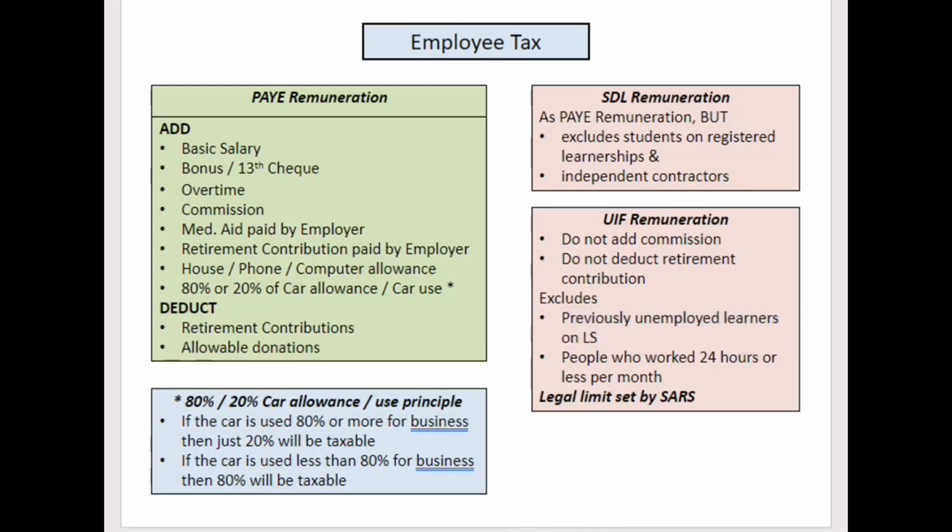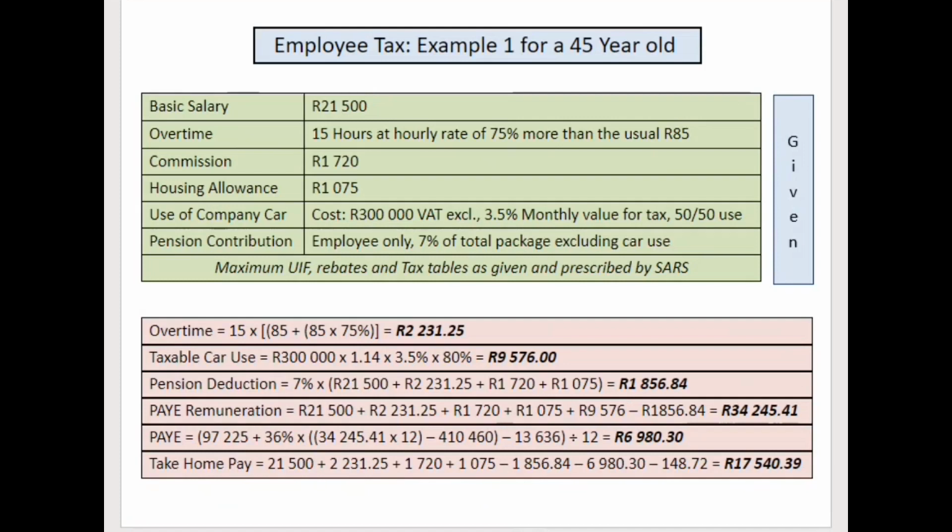Okay, now let's go and work through one example, and then when I do the assignment with you, we'll work through multiple examples. Okay, employee tax. Example 1 for a 45-year-old. Why a 45-year-old? Because a 45-year-old is somebody who is regarded as a normal tax-paying citizen over the age of 16.